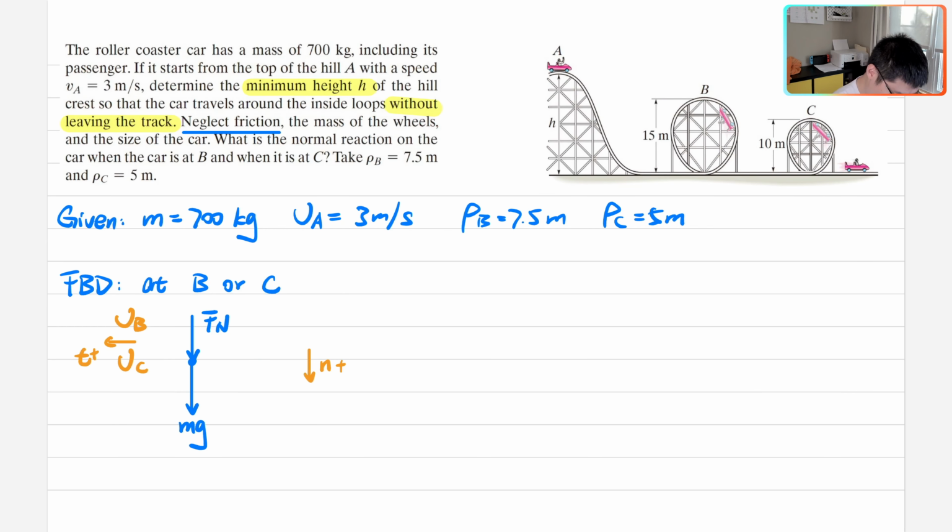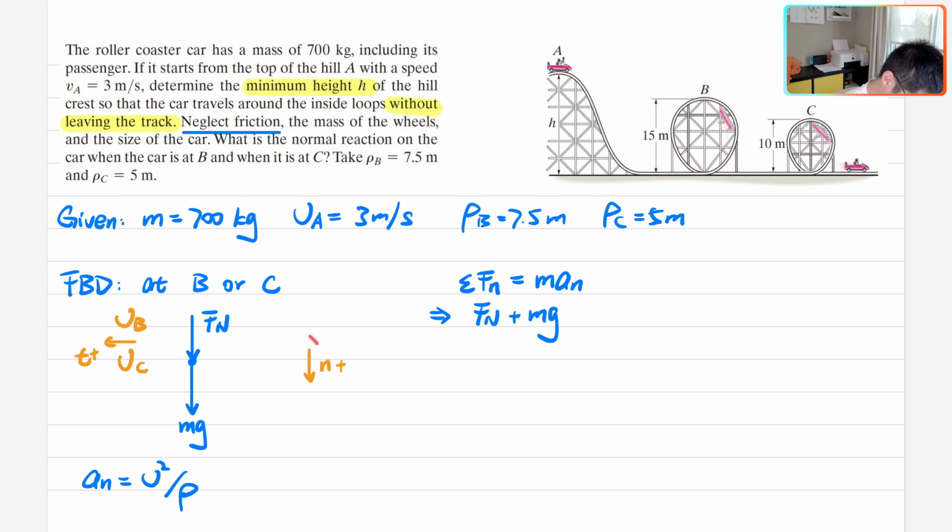So remember that we have an equals v squared over rho. The sum of forces in the N direction is the reason why you have a normal acceleration. So we do the sum of forces in the N direction equals m an. We get Fn plus mg. Remember, my N positive direction is pointing down, so Fn is pointing down and my mg is pointing down, equals m v squared over rho.